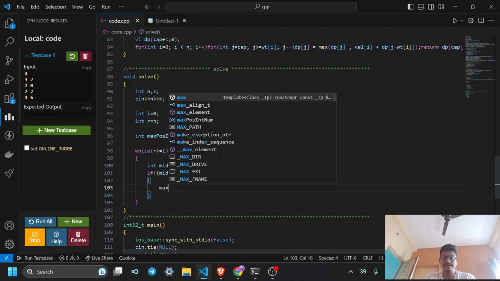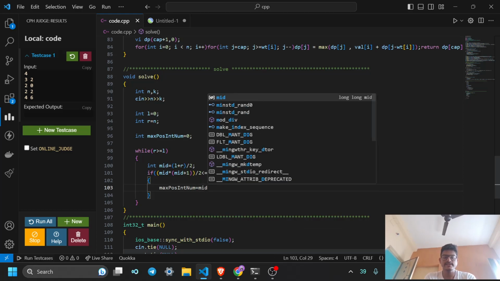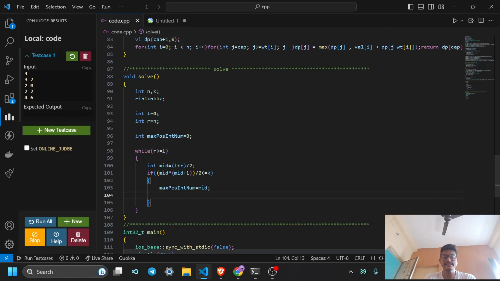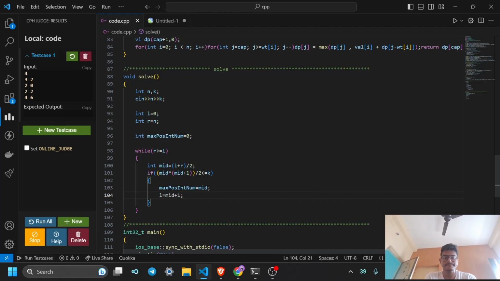So my max positive number will be mid, and then I can check: I must take at least mid number of positive integers, but I can take more also, right? So I can check for more options. So I have to increase my left. Okay, that is fine.